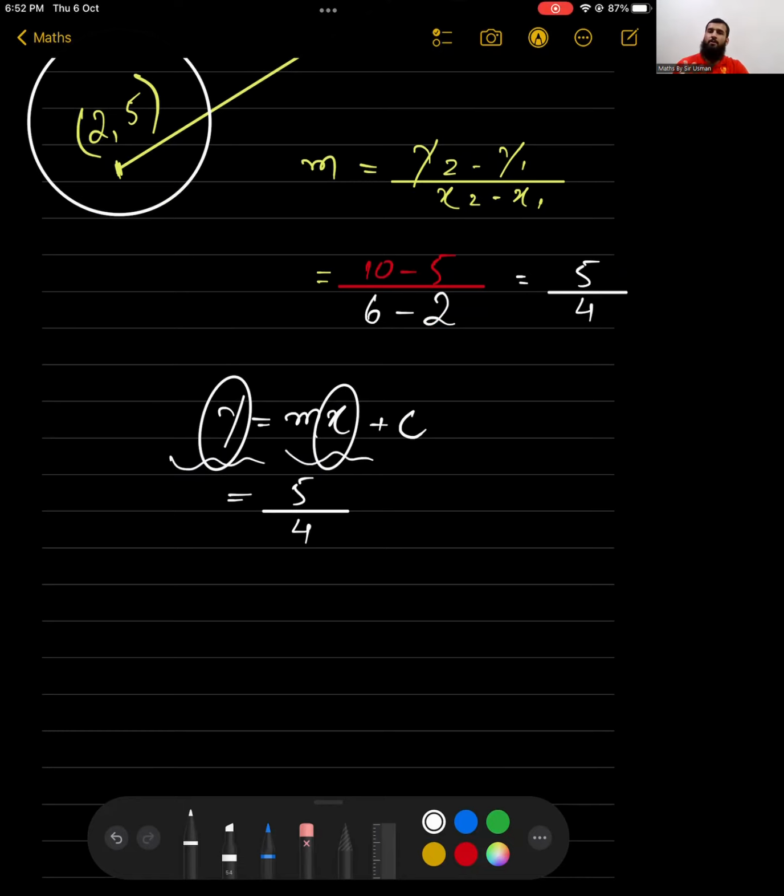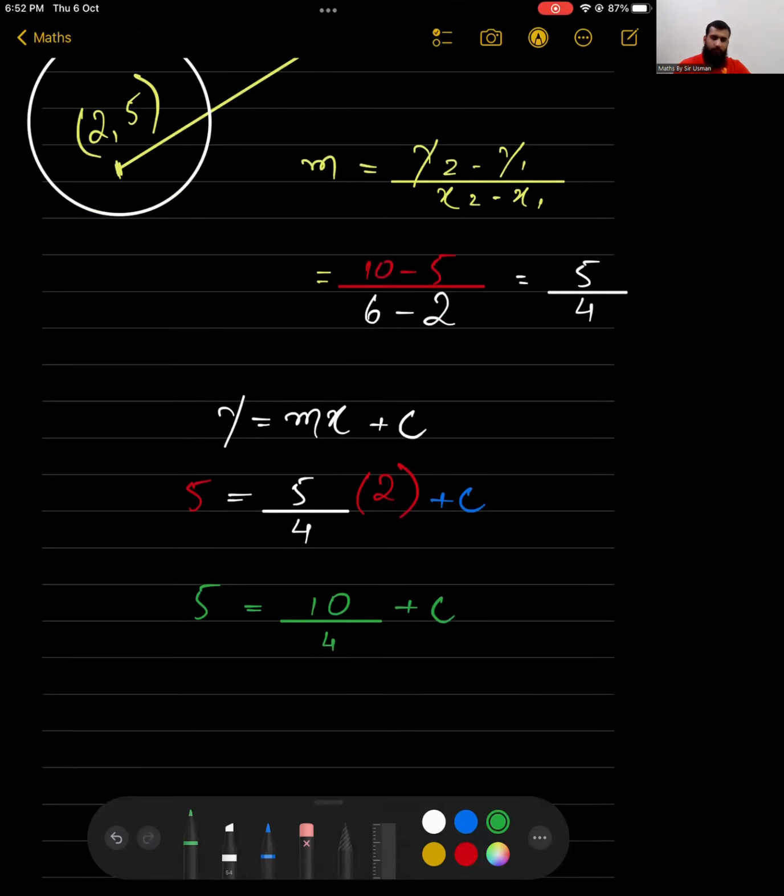So let's say if I'm picking up 2,5. So this would be 5 is equals to 5/4 times 2 plus c. This is how my equation will be formed. Now I need to solve this further, and this is going to be 5 is equals to 10/4 plus c.